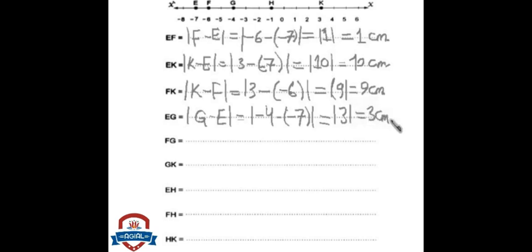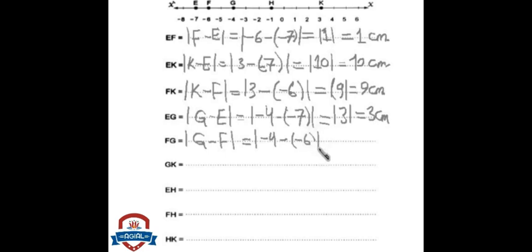The distance between F and G equals the length of line segment FG, and the length of line segment FG equals the absolute value of G minus F. G equals -4 and F equals -6.